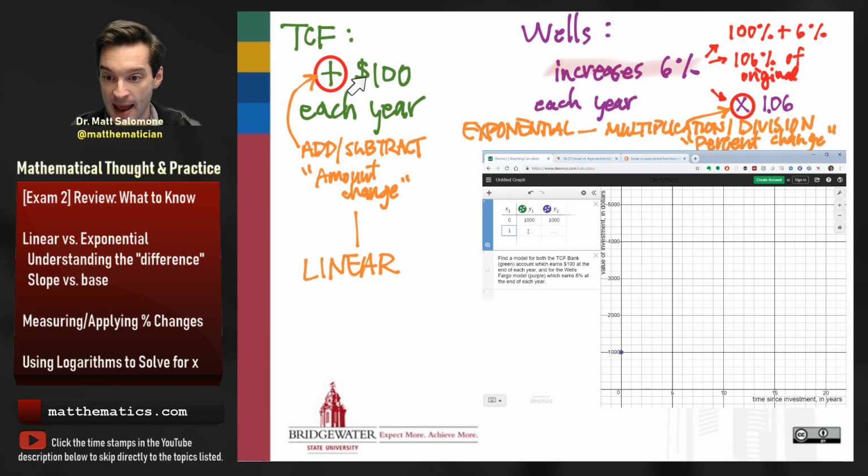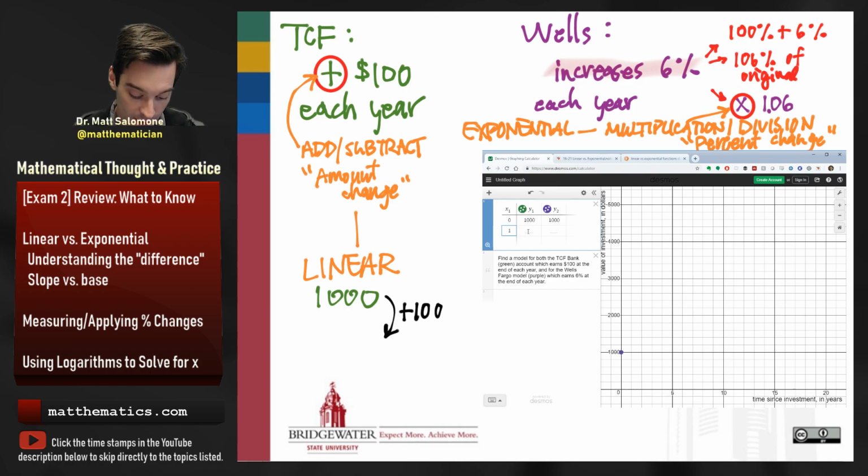Every year we're just going to add $100 to the balance. So if I'm starting my TCF account with $1,000 in it, then 1 year later, what I want to do is add $100 to that account. And so I'll end up with 1,100, right? 1,000 plus 100, 1,100.